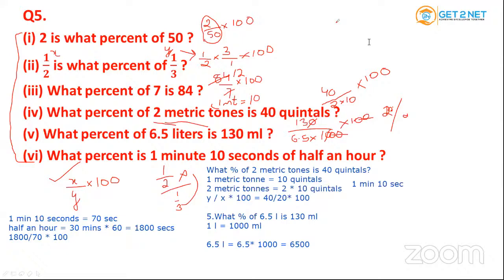Can I write it like this? So this will come to, if I subtract, 6 into 1, 6 plus 1, 7. So this will be 7 by 6 minutes, right?